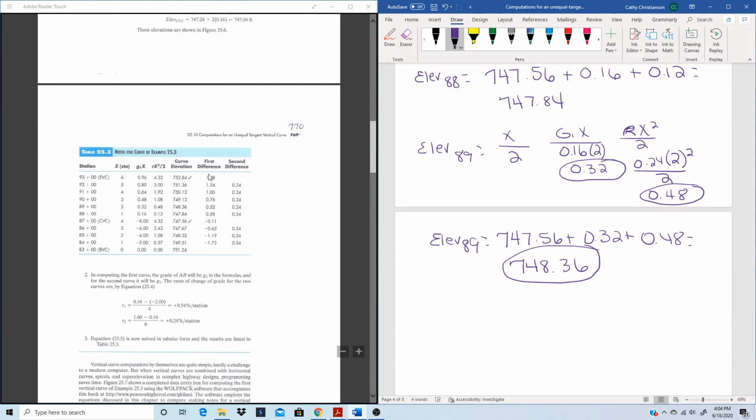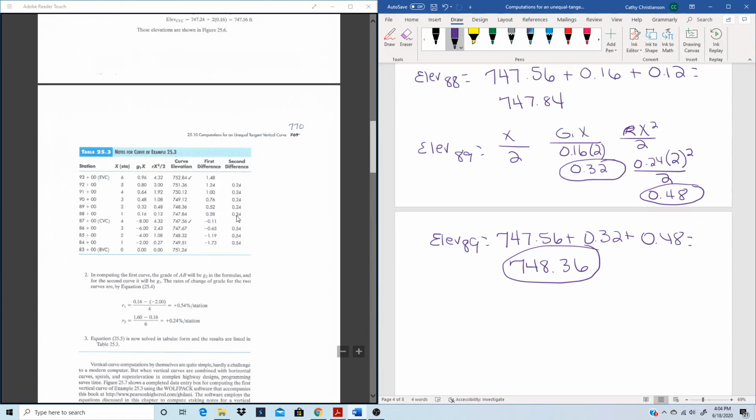That would be starting at the top, and if you just keep your signs, so if this is a 1.43 minus the 1.24, you get a 0.24, and that's our R for our second curve. And then again, if you take the difference between these two, you're going to get 0.24. The next two would be 0.4. The next two, 0.4.